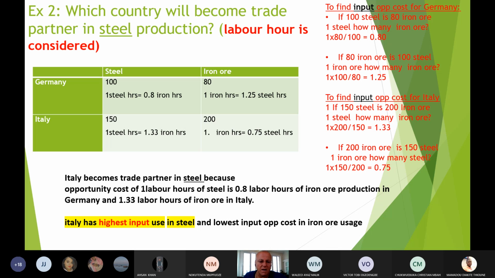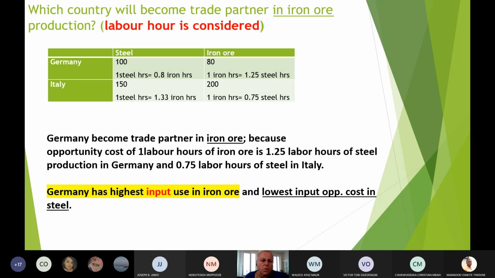Therefore, Italy has the highest input use in steel and the lowest opportunity cost in the iron ore usage. In input, as I said to you, you should take the highest one. And for Germany, from this example, the highest input usage is observed in the iron ore. Therefore, iron ore is becoming eligible for the trade partners.